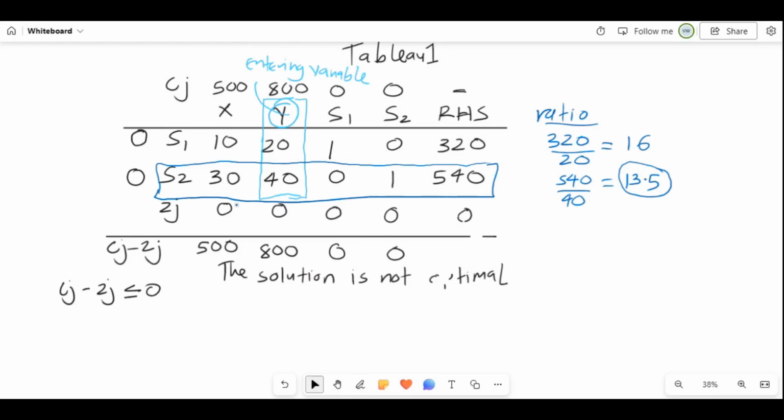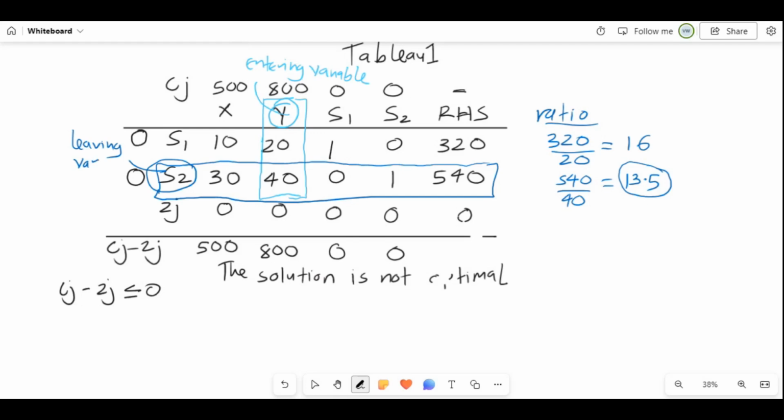So now that I have both the pivot row and the pivot column, I want us to take note of the variable of this pivot row. In this case, this variable is S2. This S2 will represent the leaving variable.